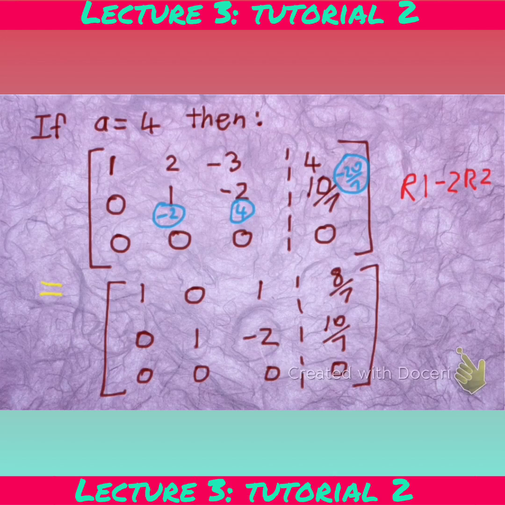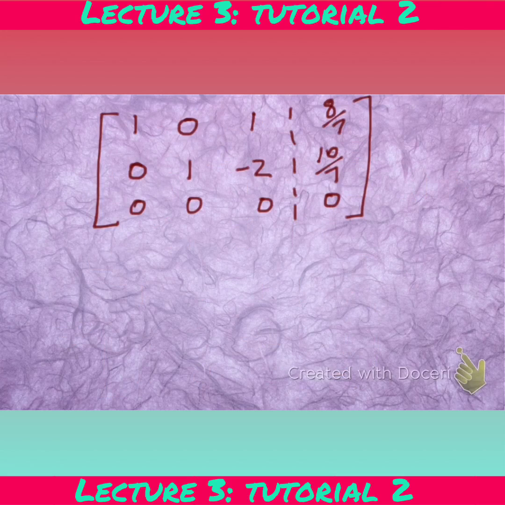Now it's important to note that for the two matrices that I've written there, you shouldn't write an equality sign between the two whenever you do an operation, because the two matrices are not the same. So I'm using an implication sign to indicate that I'm moving from one matrix to the other via an operation.